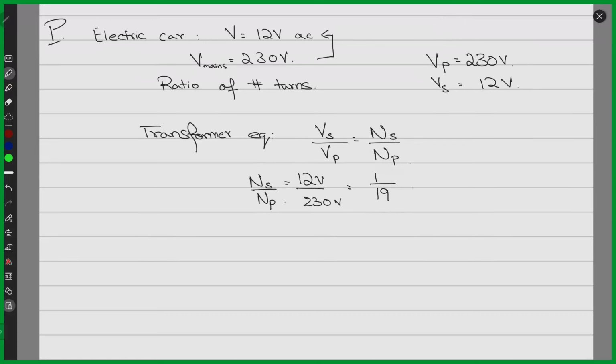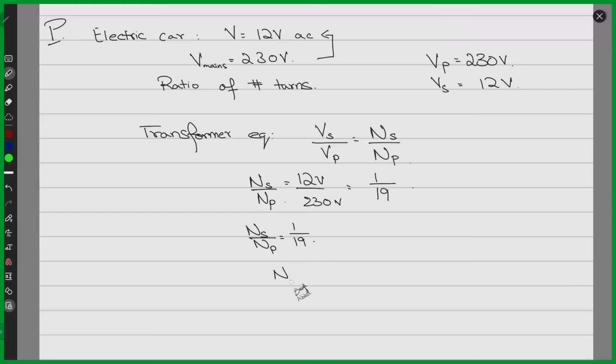What does that mean? Can you tell me? So I computed this ratio. What does this ratio mean? If the primary coil has 19 turns, then the secondary one would have 1.